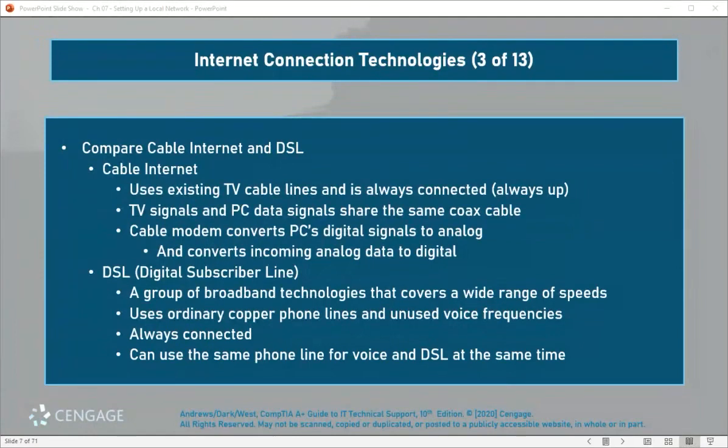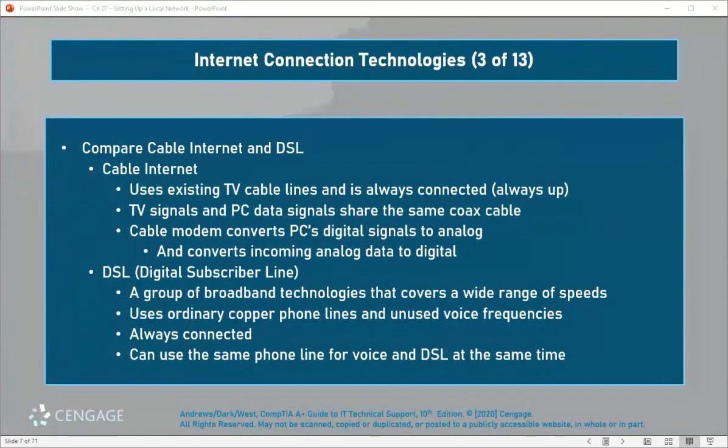So upon receipt of the base information, the cable modem takes the digital information of the PC signals and separates it from the digital information of the television signals. So that's why you have what's called a tuner box. Even if you don't have DVR service, if you have Spectrum or Charter or whatever else, you probably have a box that has to be set up so that it can interpret information coming through from whoever your provider is.